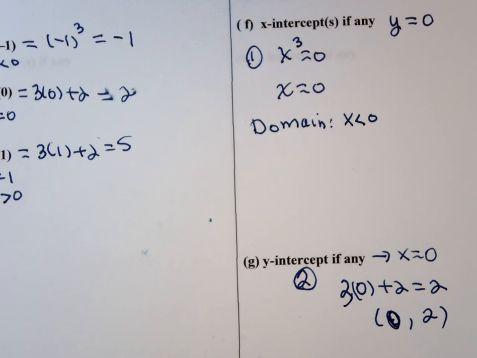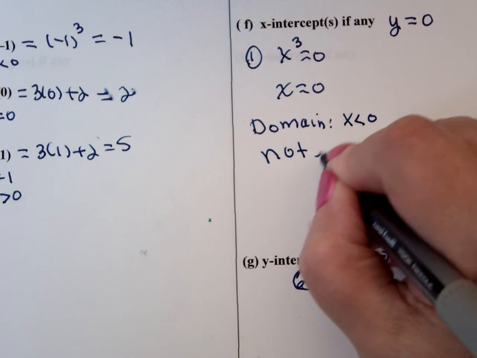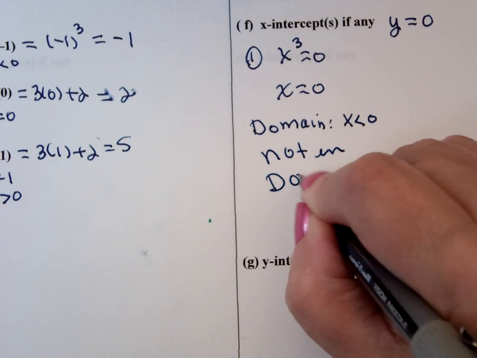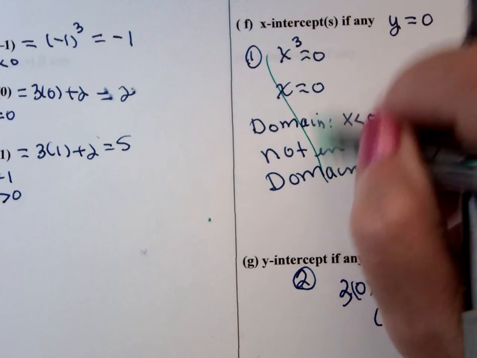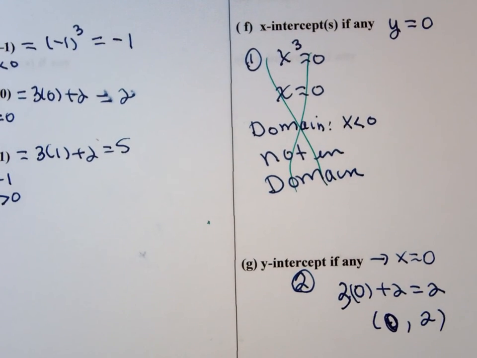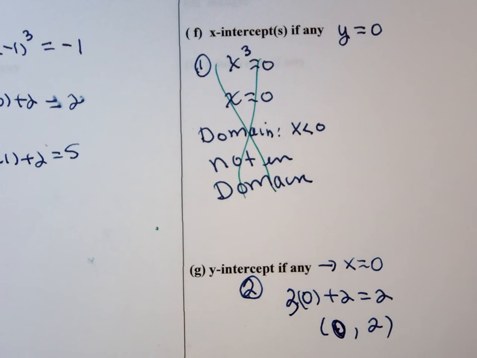So is x equals 0 in the domain of graph 1? No. So not in the domain. So this guy, you'd say, nope. But this is the game you have to play, by the way, if you're going to do it algebraically.